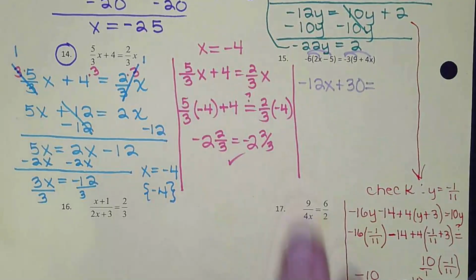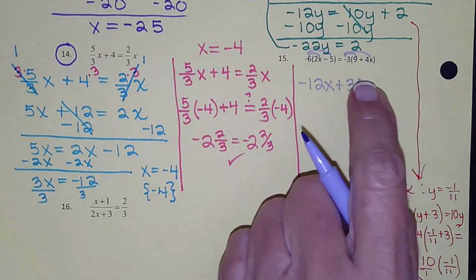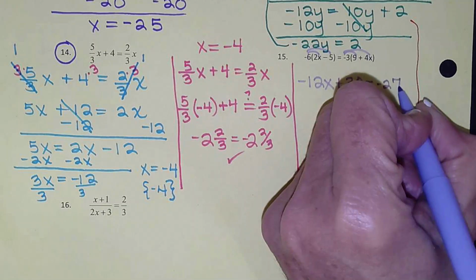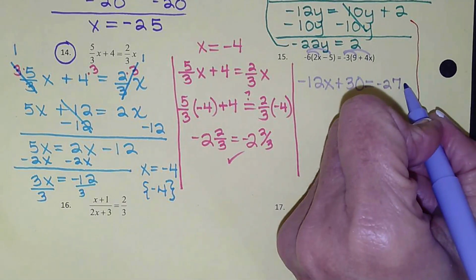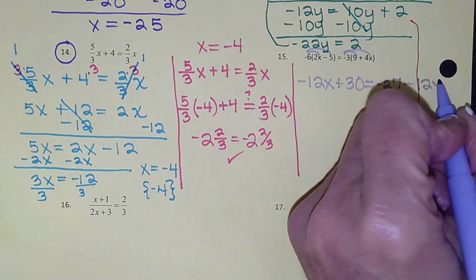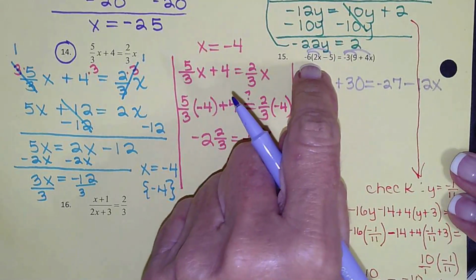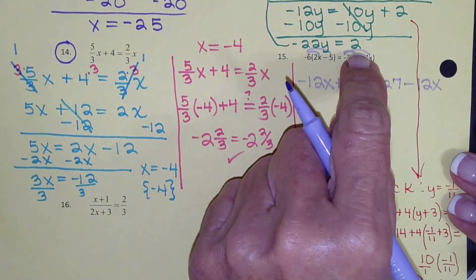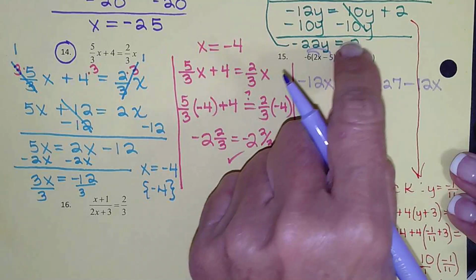Equal to -27 and -12x. So -12x plus 30, and this side is -27 minus 12x.